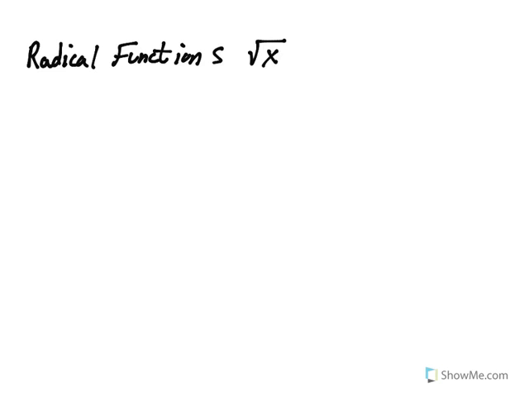An example of this would be square root of x plus 7. Now, just like fractions, radicals have exceptions too. Just like we can't divide by 0 in a rational function, there's an exception here as well, and that is you cannot take the square root of a negative number.